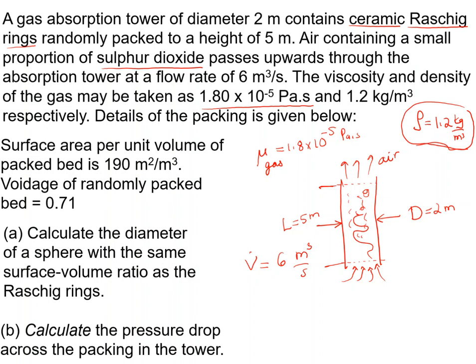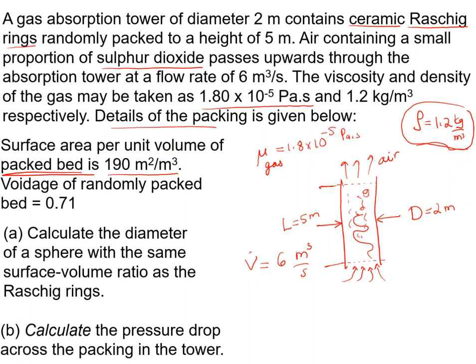Surface area per unit volume of the packed bed is 190 meters square per meter cube. This is the detail of the packing, and he's also saying that the voidage of the randomly packed bed is 0.71. Voidage and surface area per unit volume: the surface area per unit volume of the packed bed, please open your eyes here.